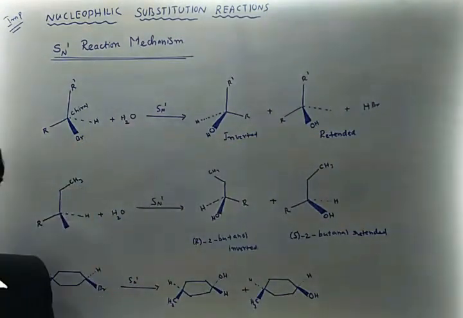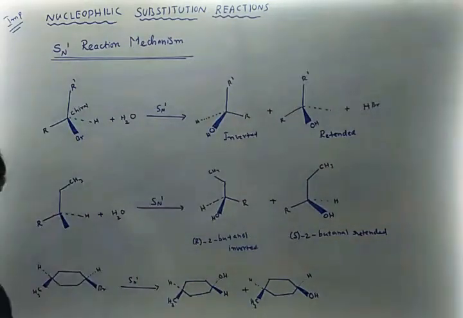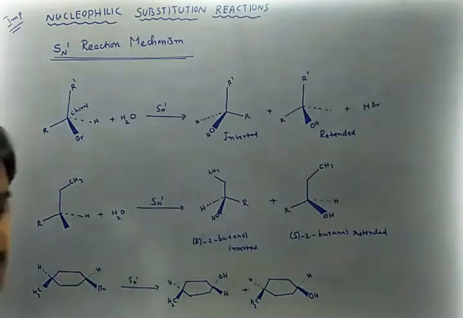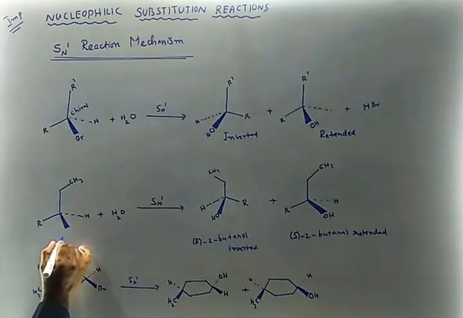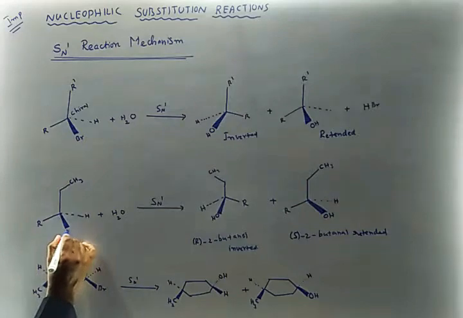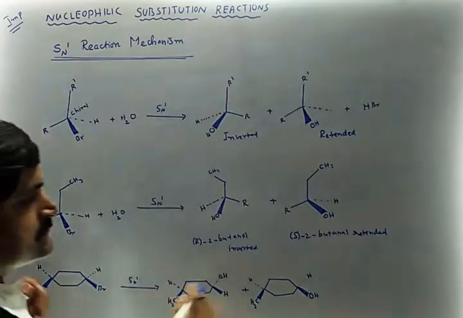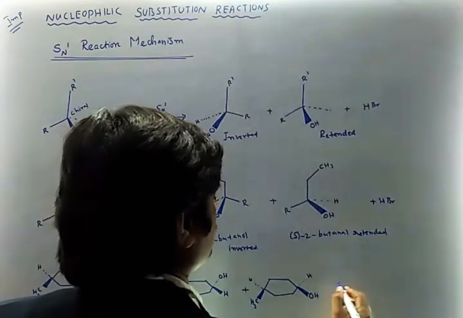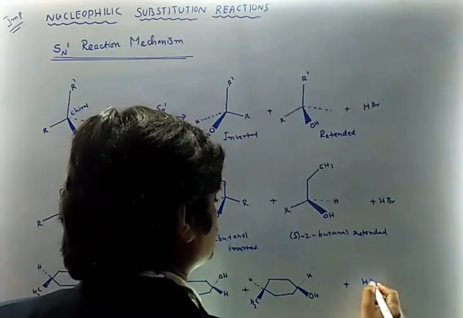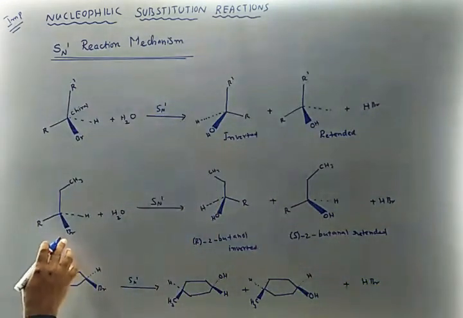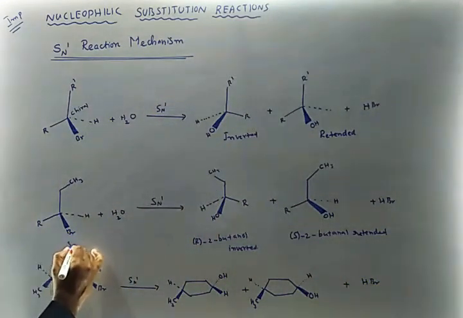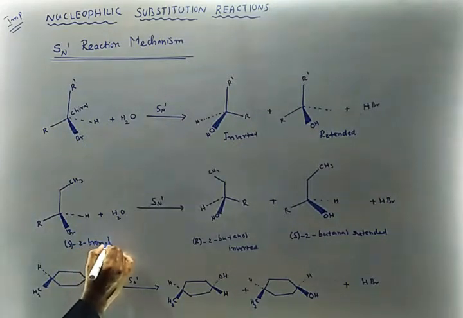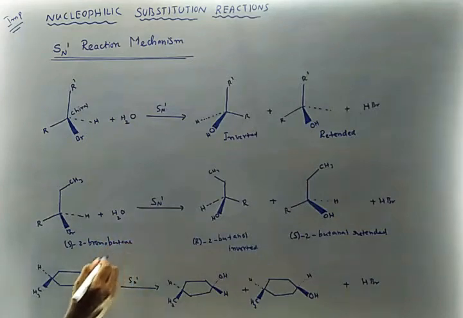We will take a chemical compound in the second example: S-2-bromobutane with water. Your products will be HBr and two products.